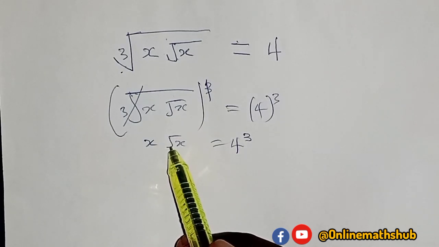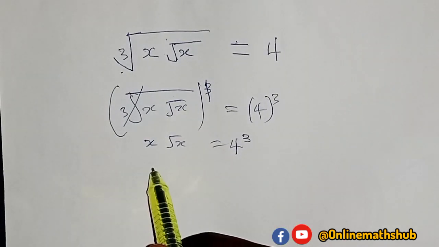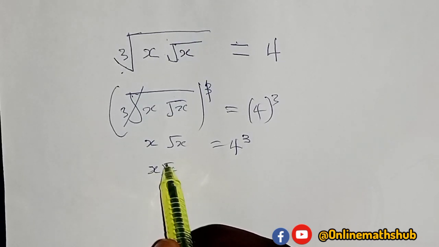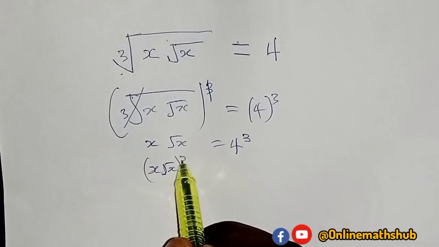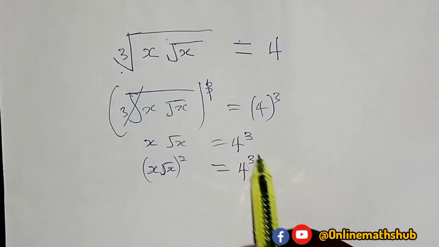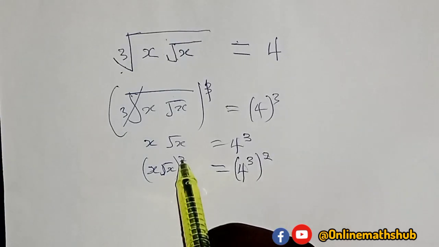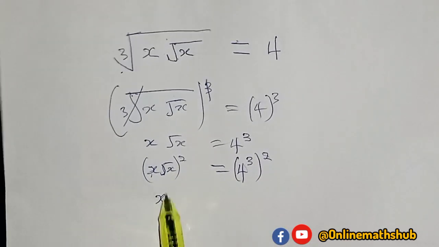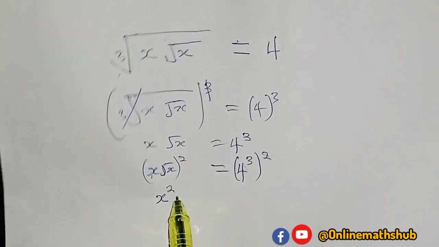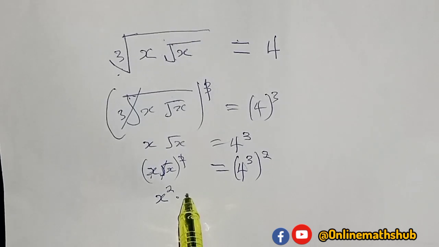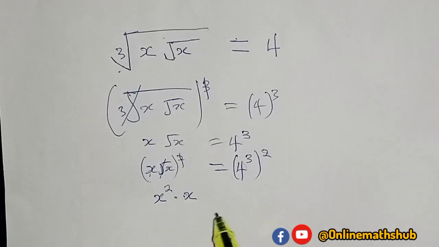Okay, so next thing I want to do is to take the square of both sides so that I can also remove this square root right here, and I have x square root of x all raised to power 2 is equal to 4 power 3 raised to power 2. So at this point, x raised to power 2 is x squared multiplied by this, which cancels this, and I'm left with x right here.